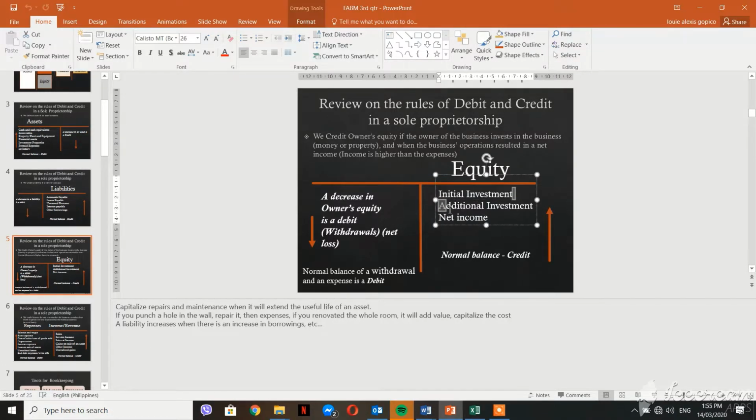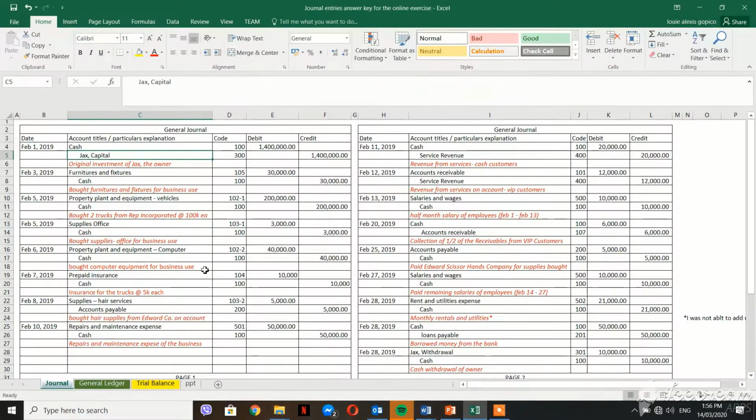If the owner invested, there is an investment of the owner to the business as represented by his equity. So if equity increases, you credit equity. As you can see, we credited equity amounting to 1.4 million.